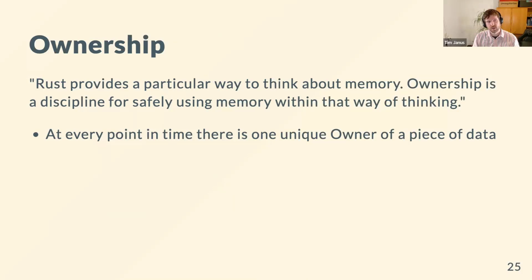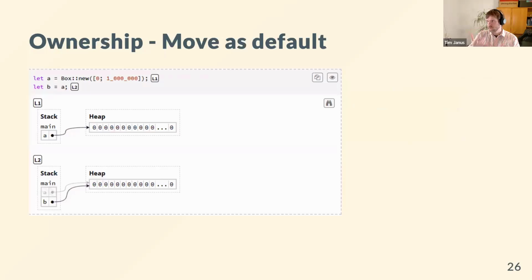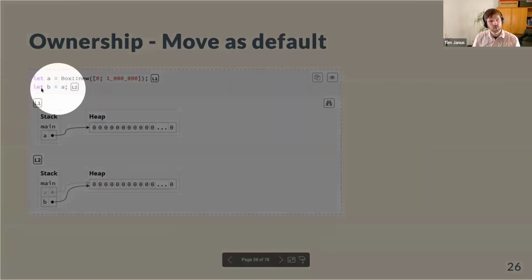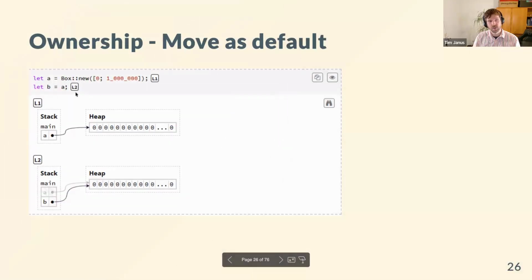That means most often if we use an assignment operator, like here, there was a second line with let b equals a. What happens internally is that this heap data got moved. So A got moved into B, and A is from there on not accessible anymore. And that is the default in Rust.